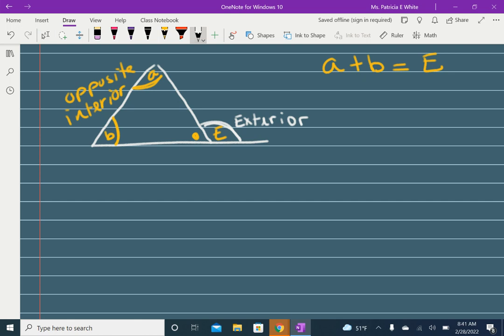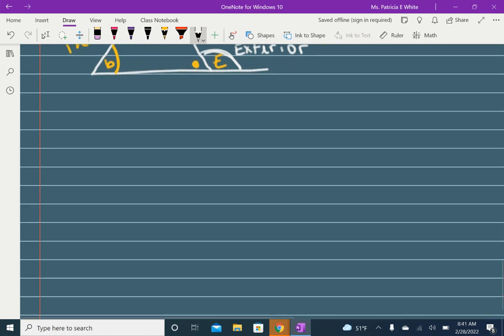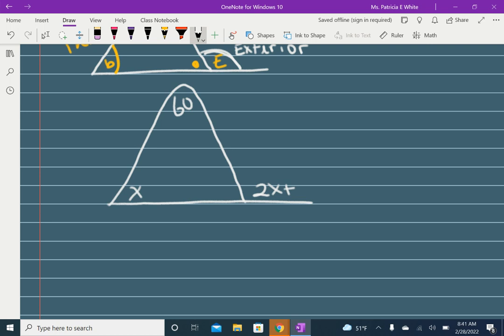So I'm going to look at this assignment and I'm going to pull a couple of problems and do them. So what if I have 60 and x and 2x plus 4?